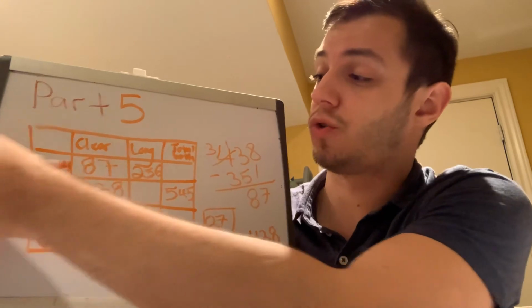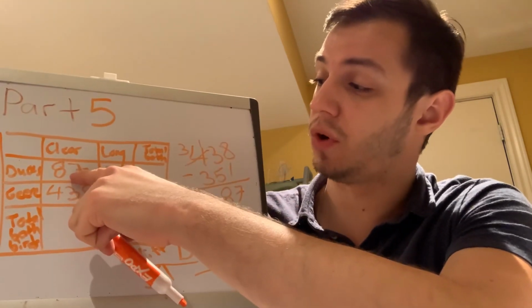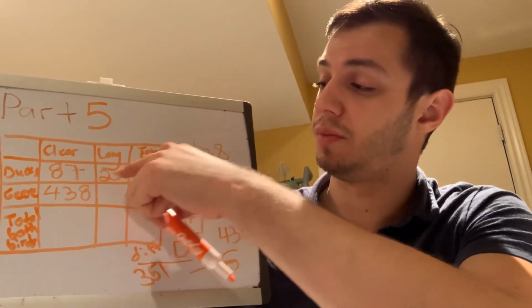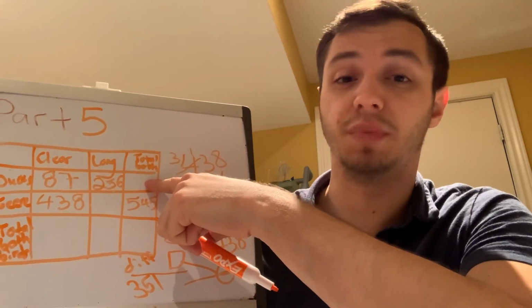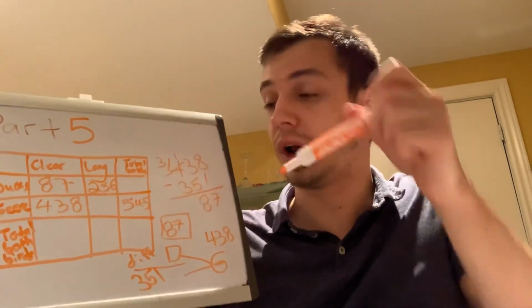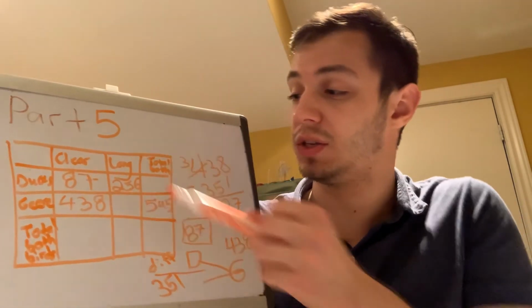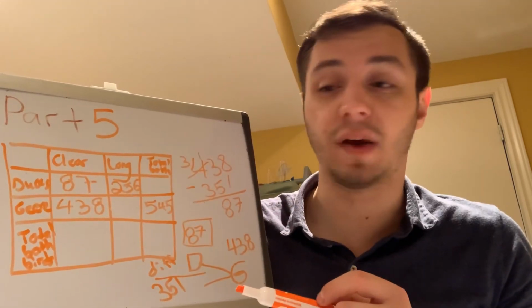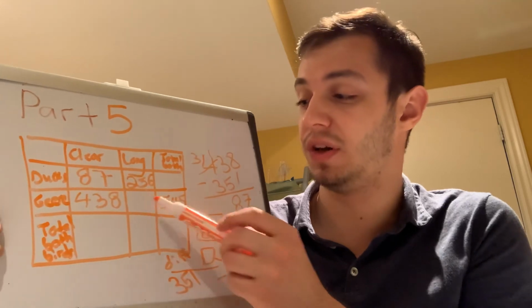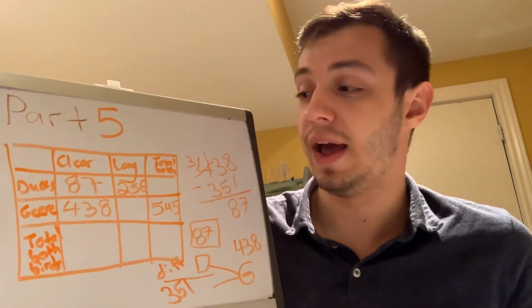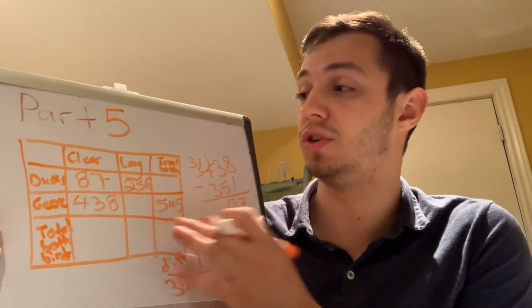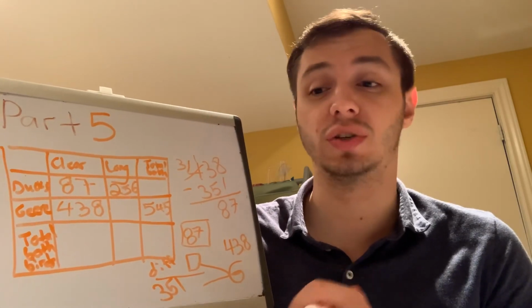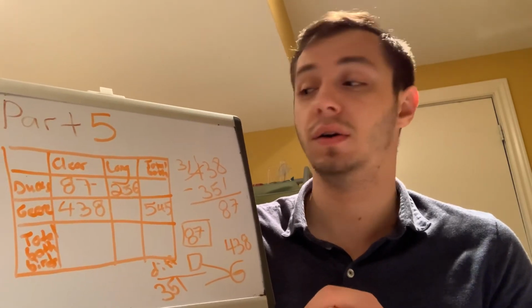If you're going across, this will be your small number, this will be your small number, and then this will be your big number. So what I want you guys to do now is, we filled in the first 4 numbers, make your number families, find the rest of the other 5 numbers, and then once you filled in your chart, you have a few questions on the back to fill in.